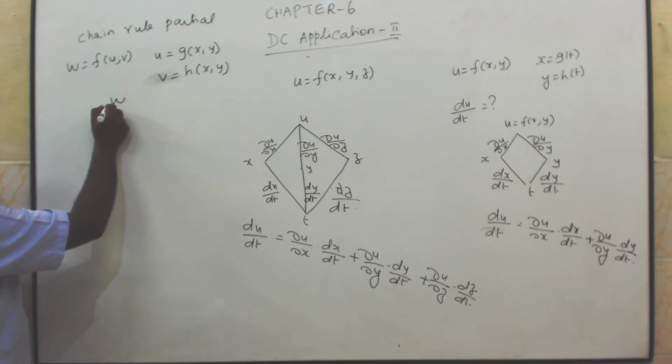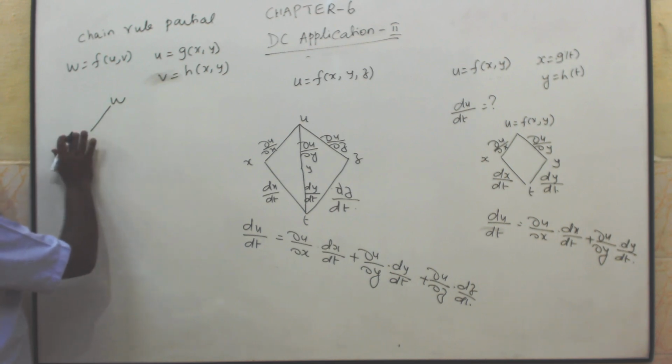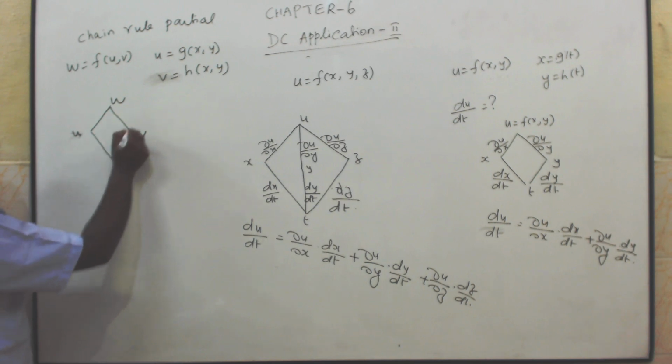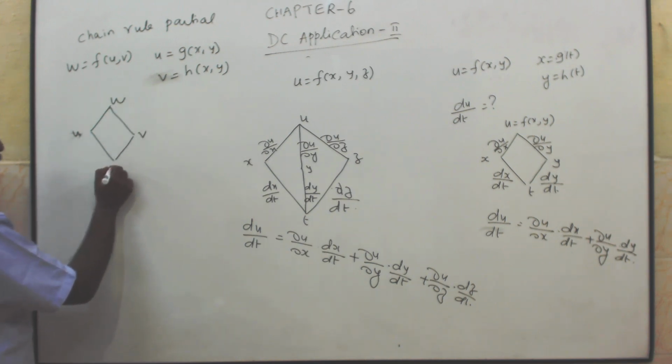So w is a function of u, v, and u and v are functions of x.